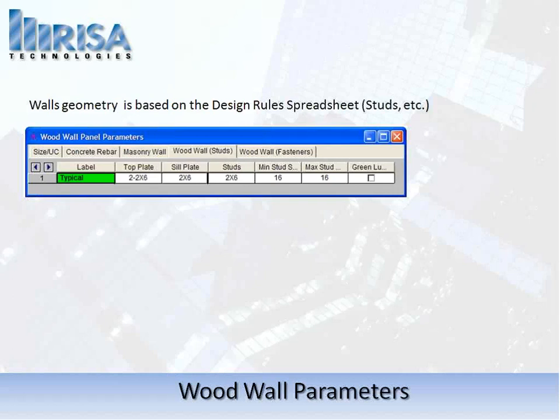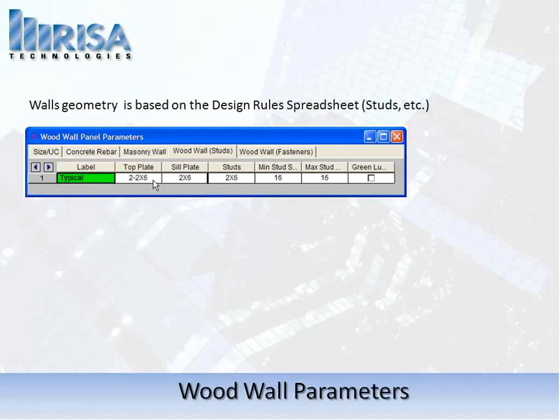The first thing here, we see wood wall studs. In the first item here, it says two 2x6s for the top plate, the sill plate is a 2x6, and the studs are 2x6s. In this location, you can change it to be a 2x8, a 2x10, whatever you need for that stud. You also can tell the program what stud spacing to use.